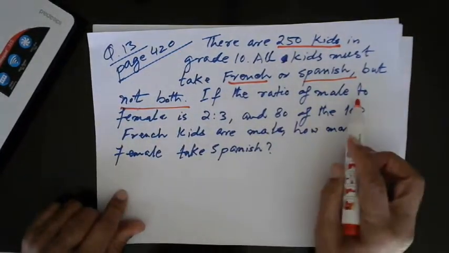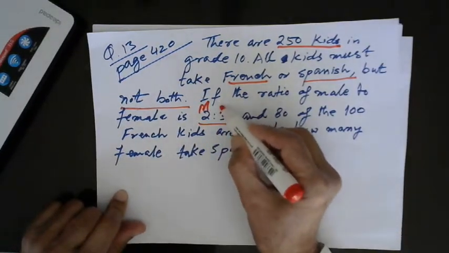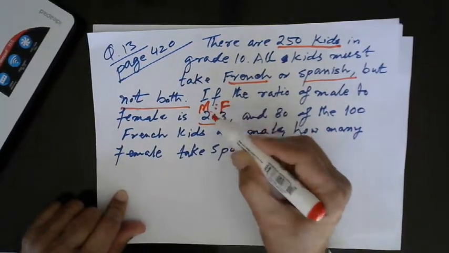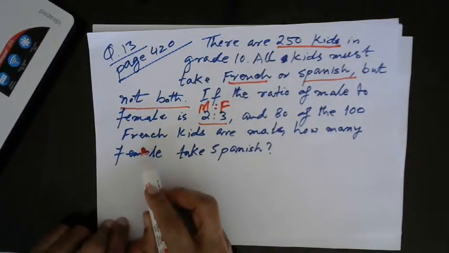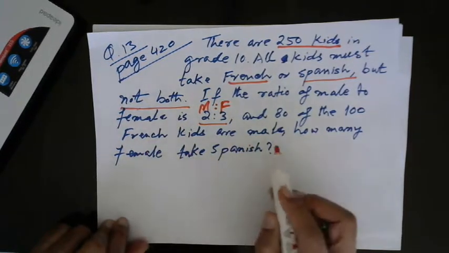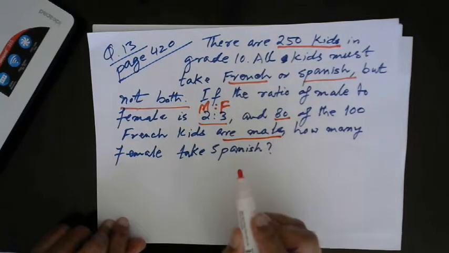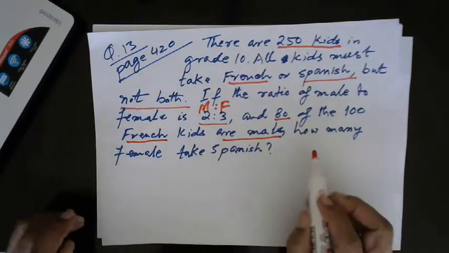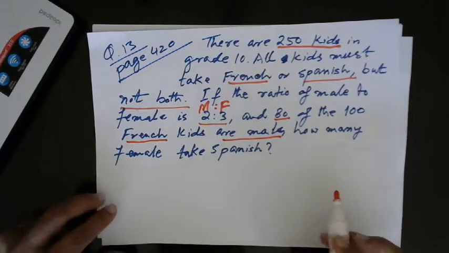If the ratio of male to female is 2 to 3, this is male to female, and 80 of the 100 kids who take French are male. 80 are male who take French. How many female students take Spanish?